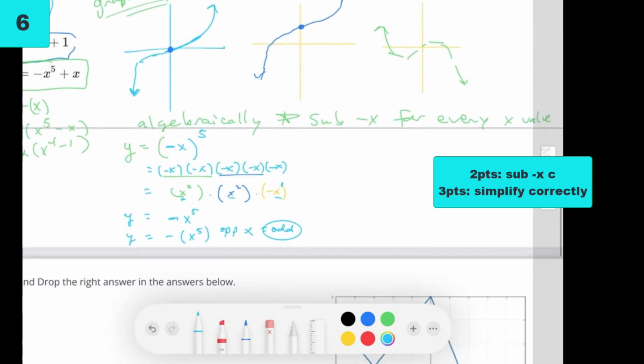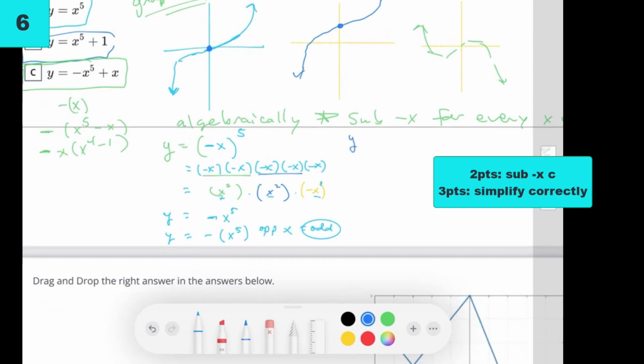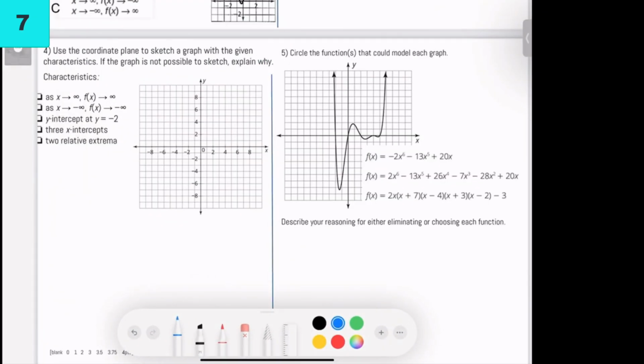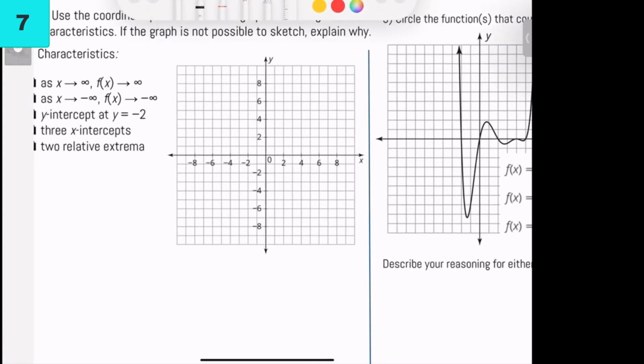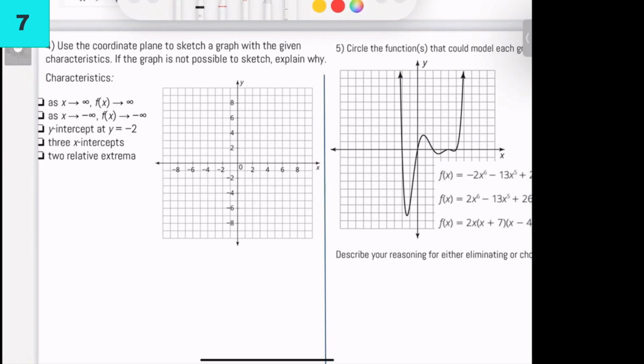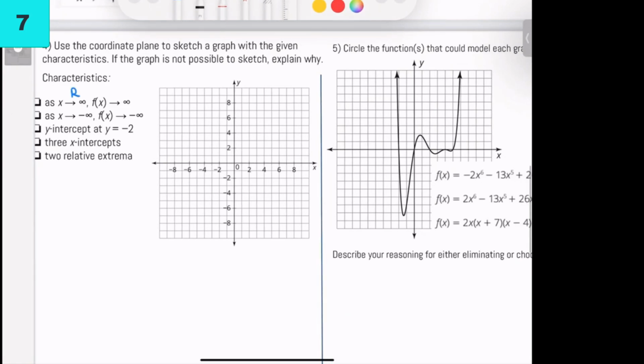Okay? Let's go ahead and do that for the second one. Use the coordinate plane to sketch a graph with given characteristics. If the graph is not possible to sketch, explain why. So here I have end behavior as I go towards the right. Remember, the x values are the x-axis.